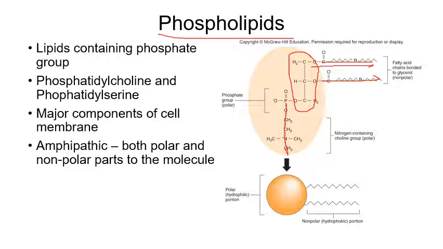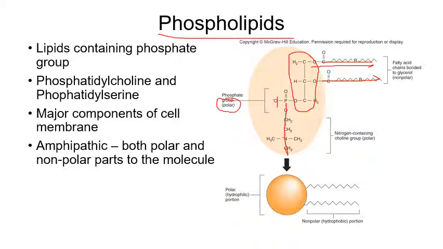It has a phosphate group. So we've got the glycerol, and we have a phosphate group off of one of the carbons of the glycerol. This gives it a polar characteristic.